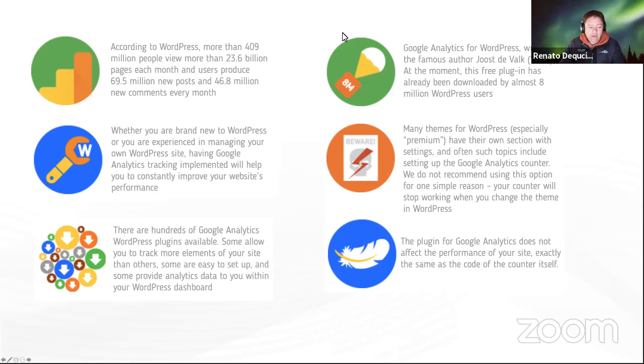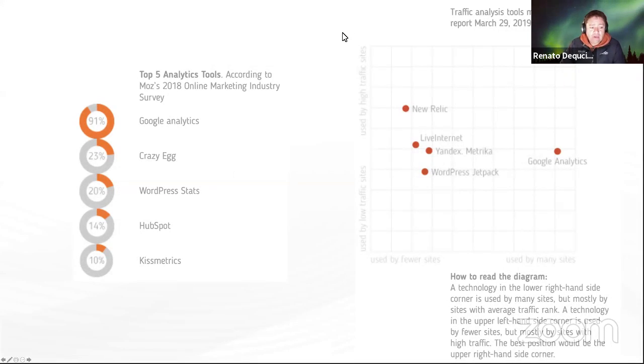Plugging this into the back of your WordPress website is quite simple. I will take you through that later on in the presentation. As you can see here, Google Analytics is a top 5 analytics tool being used.